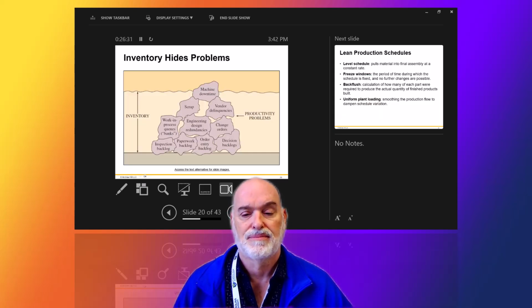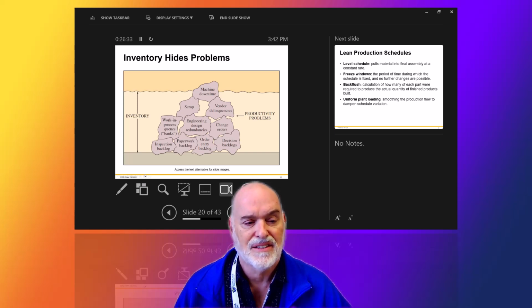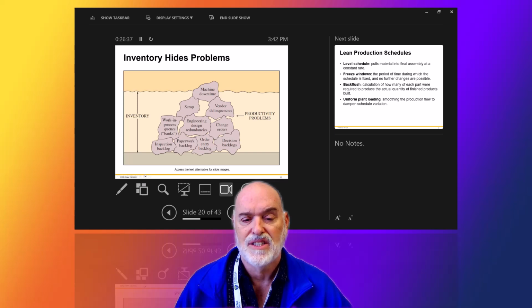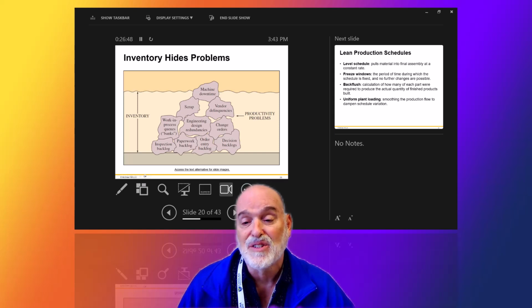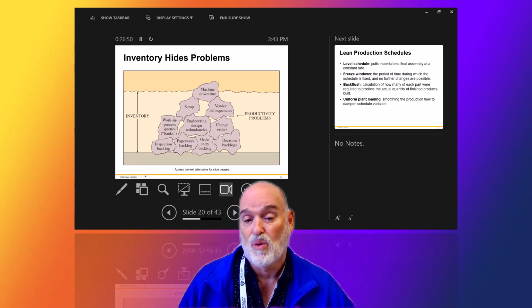Inventory hides problems. Okay? If this is the level of inventory you have here, this is height, you have machine downtime, scrap, vendor delinquencies. Sometimes the vendor ships you product and it's subpar or it's not good quality. If you've got a lot of inventory, you're not going to discover it for a while.